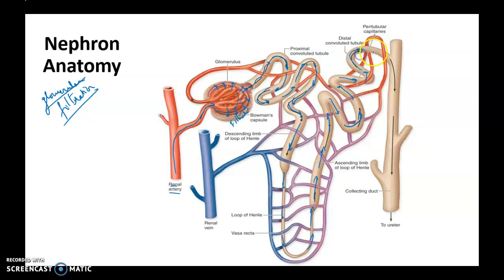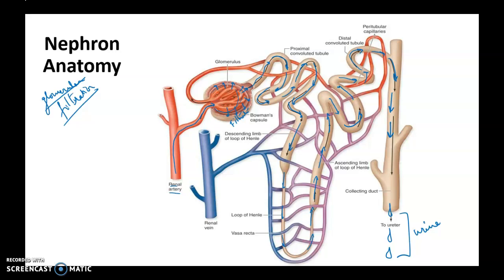We will talk about those later. And then ultimately the filtrate will be dumped into the collecting duct. When the filtrate comes to the collecting duct, we still call it filtrate. Water and sodium reabsorption might take place within the collecting duct, and the final product that comes out and goes to the ureter, this thing is urine.